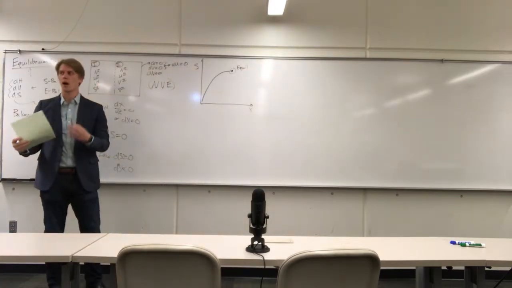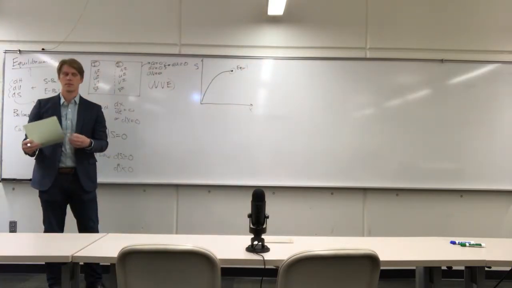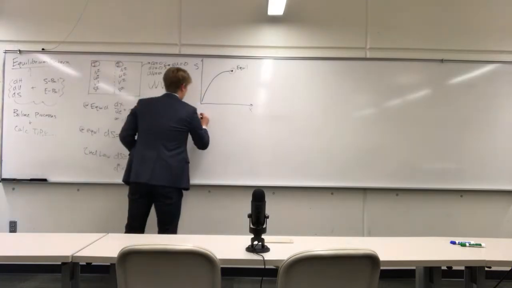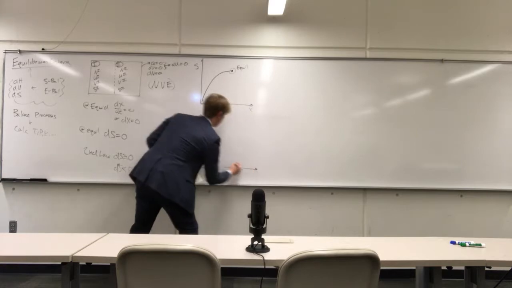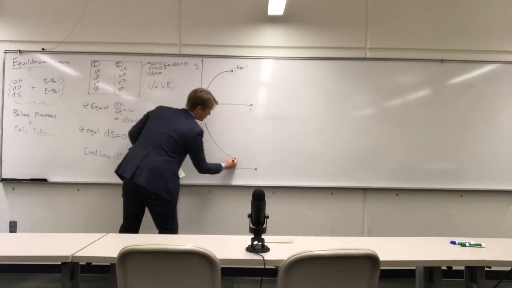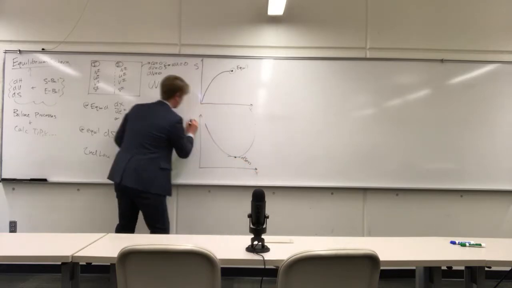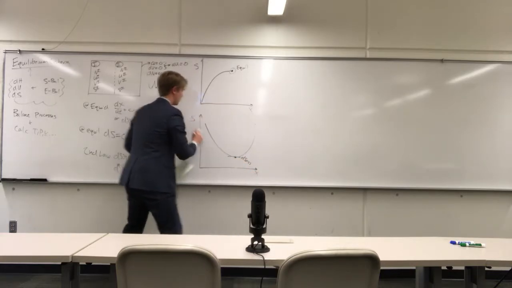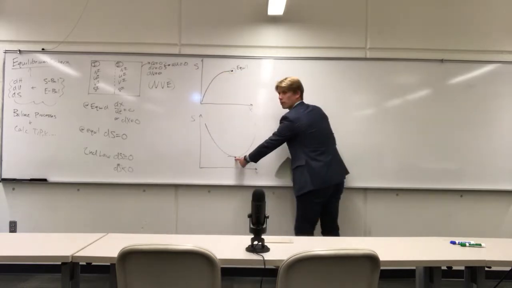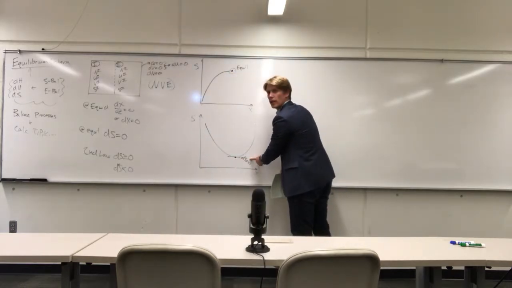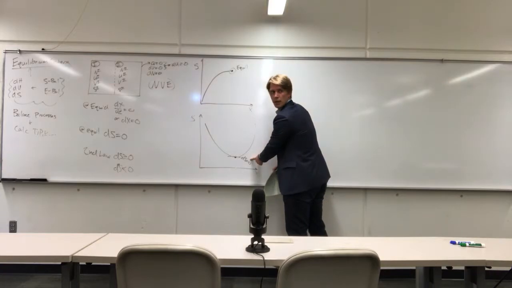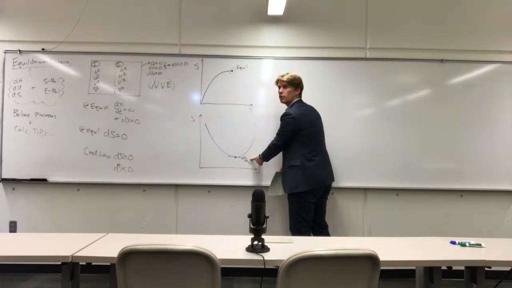What if it were the opposite? If we had the opposite curvature of entropy, we could still satisfy an equilibrium criteria here, where the change of entropy with respect to time or any other coordinate would be equal to 0.